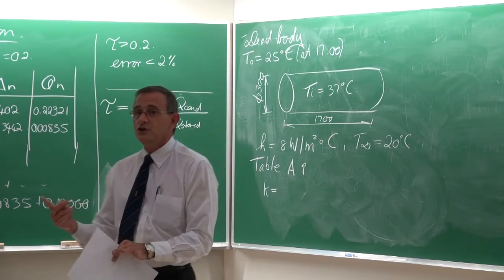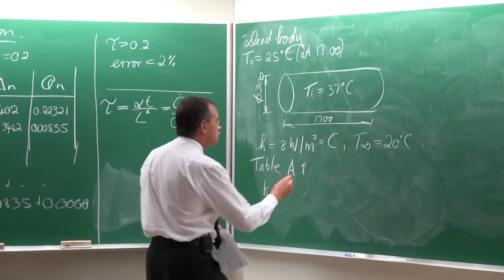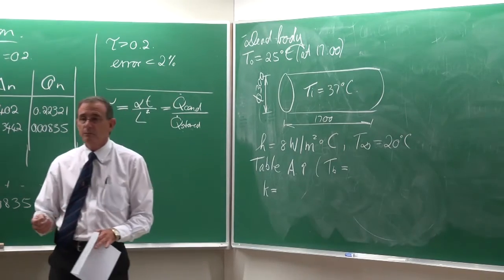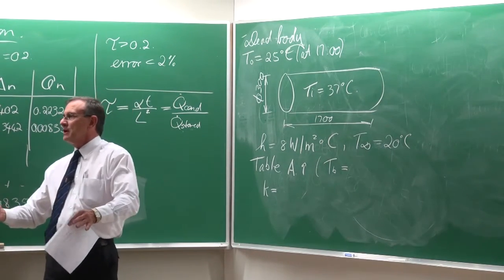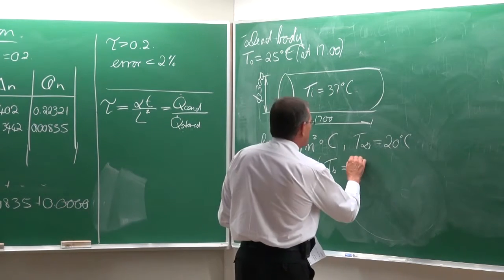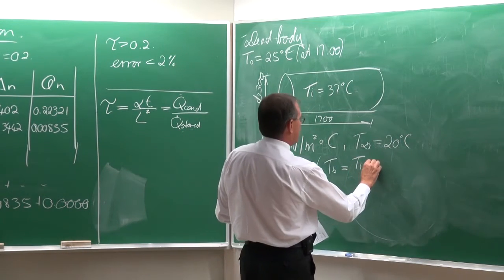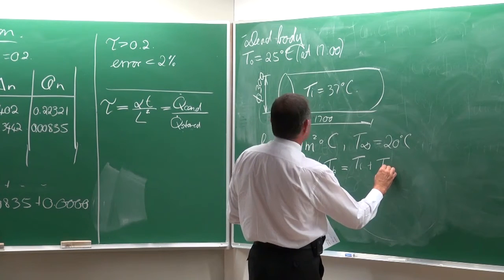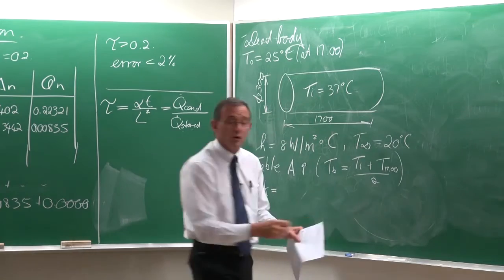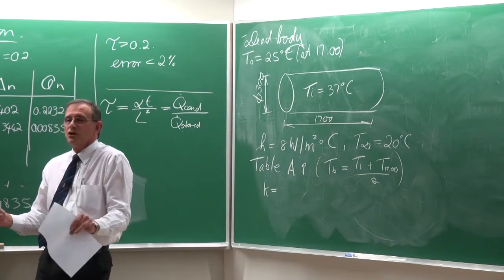So what we normally do is choose a temperature called the bulk temperature. The bulk temperature is sort of an average temperature that we predict. In this case, we would say the initial temperature plus the temperature at 1700 hours, divided by 2. Let's use the properties at approximately that average temperature.